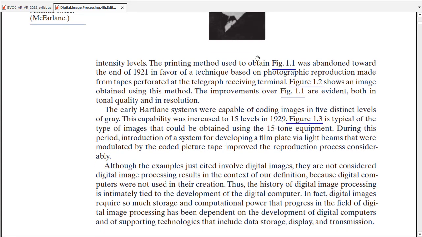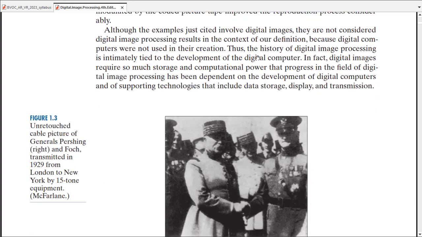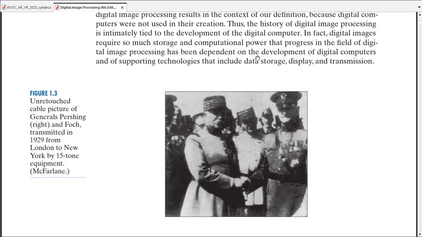These are the images. Another picture is a retouched cable picture of General Pershing, transmitted in 1929 from London to New York by 15 ton equipment.